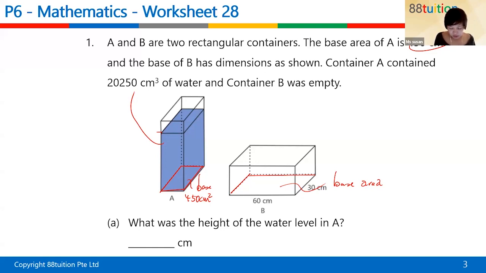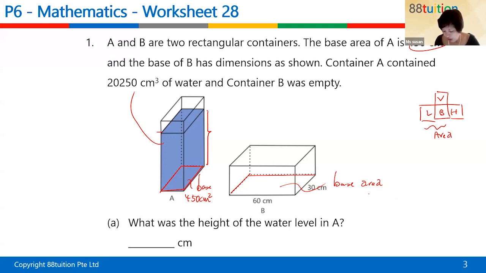What was the height of water in container A? Okay, this is what he's asking you. In order to find this height, remember we say we have this Lego thing. Remember this, volume equals L times B times H. Volume can also be area multiplied by height.